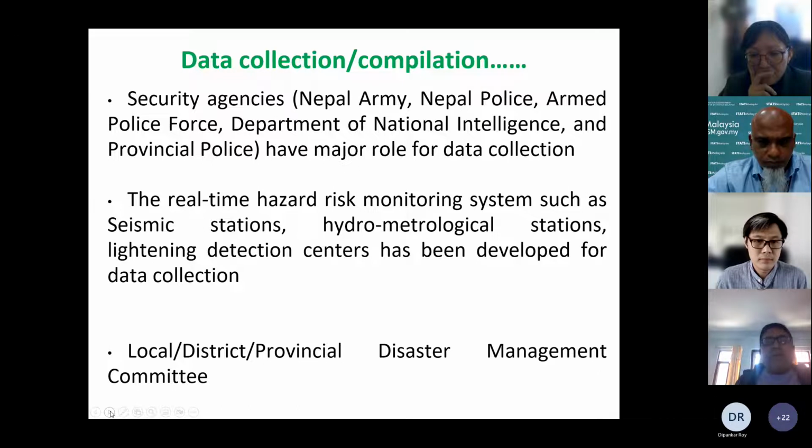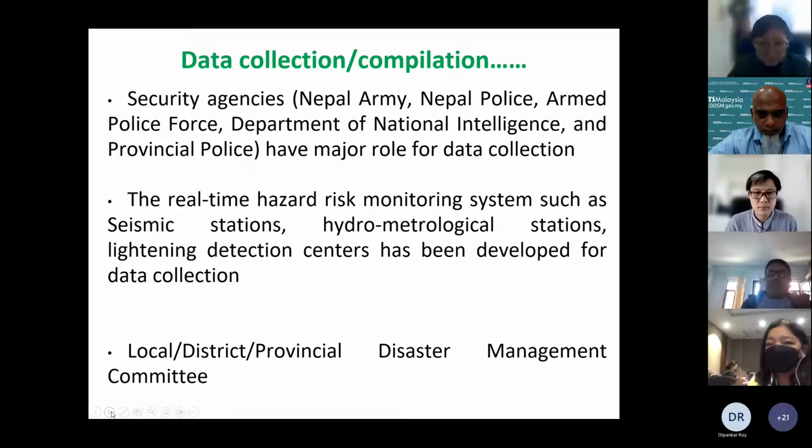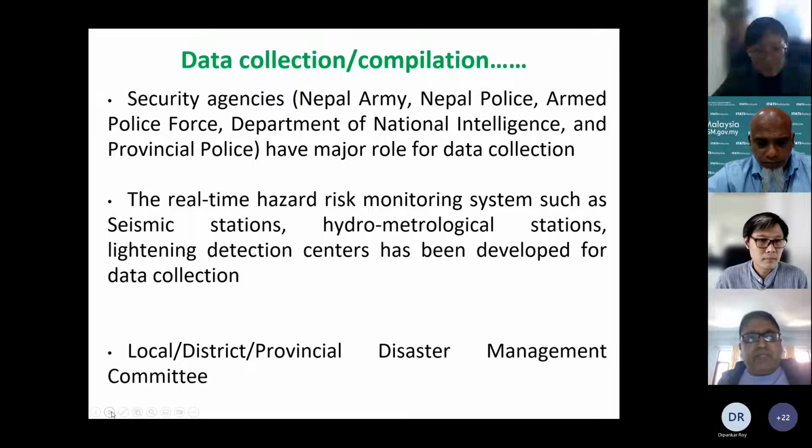Similarly, we have real-time hazard risk monitoring systems, such as seismic stations, hydrometeorological stations, and lightning detection centers. From there also we can collect real data. In this way we collect data for disaster-related activities.